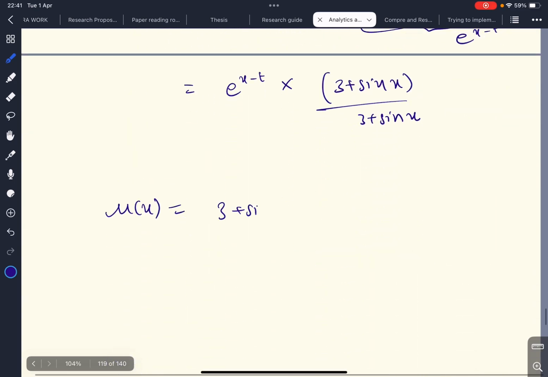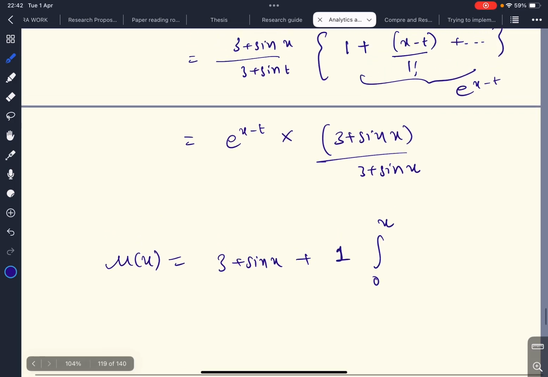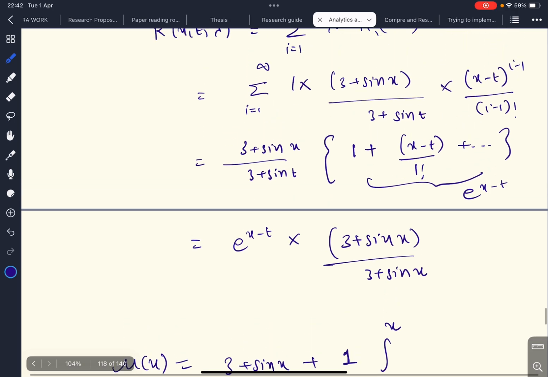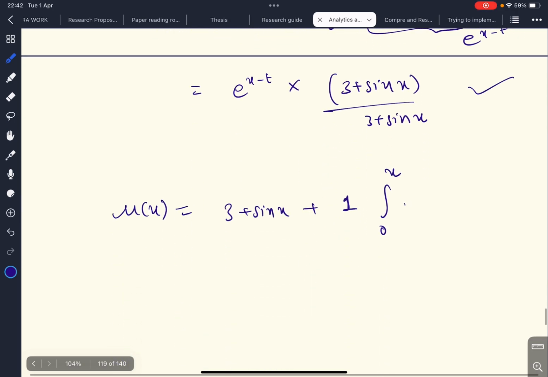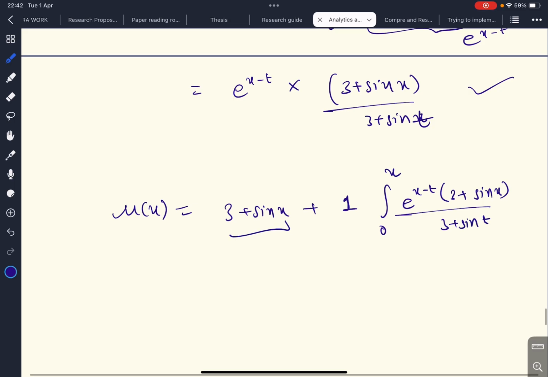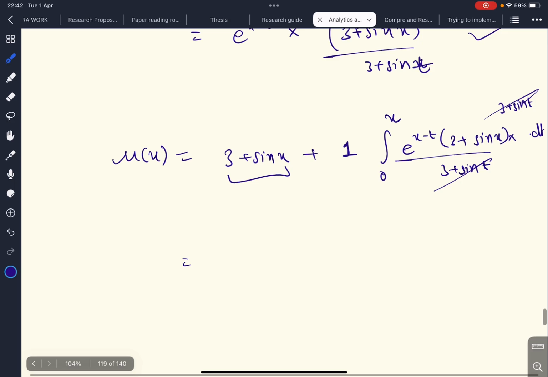Lambda is 1, integrating from 0 to x, and instead of the kernel you will have the resolvent kernel, e to the power x minus t into (3 plus sin x) upon (3 plus sin t) f(t) dt. Now f(t) is 3 plus sin t, so you put it in the numerator. This gets cancelled out and we are left with this.